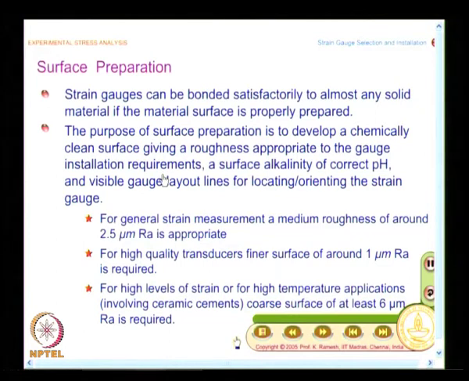And the other aspect is, you also want to maintain a surface alkalinity of correct pH. This ensures perfect bonding. So, you need to maintain this. In addition, you also need visible gauge layout lines for locating or orienting the strain gauge.